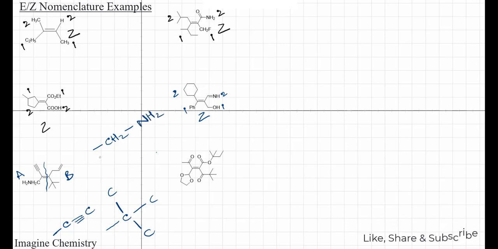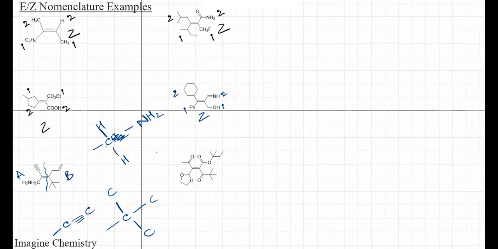So now imagine which will have the higher priority. We have used this concept in the second example. I told you that you should not look for the number of atoms or like that. You should look for the first point of difference. So here this carbon is attached to two hydrogens and one nitrogen, whereas here this carbon, although it is attached to three carbons, the nitrogen has higher atomic number, right?